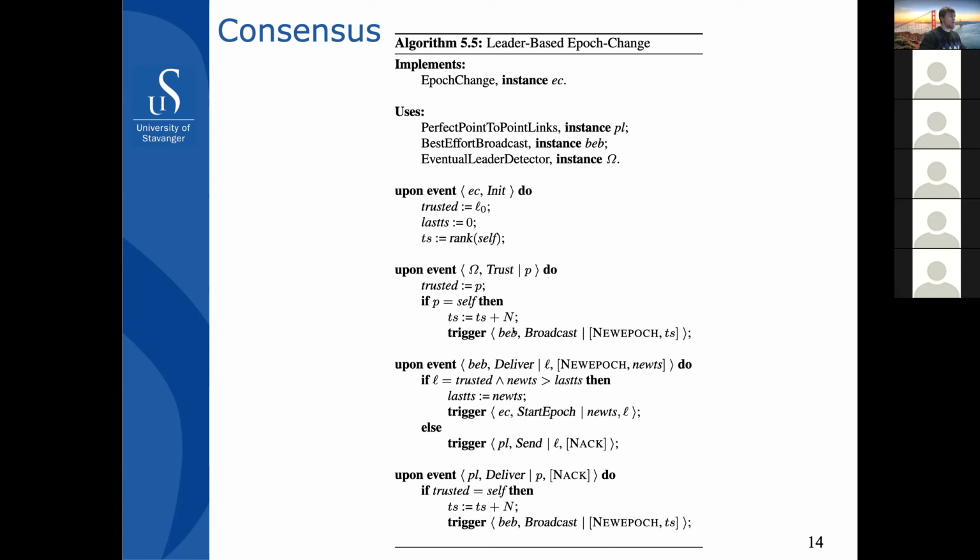But anyway, what does this mean? Why is it like that? What is N, first of all? N is the number of processes that we have. We always have n processes in our entire system, and what this does is very similar to what we saw in Paxos: we are increasing our timestamp with n every time, and this partitions the epochs in such a way that the leader is rotated every timestamp, and we will go through all of them until we reach n.